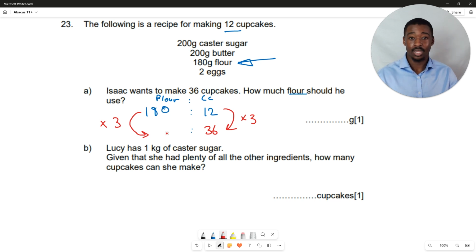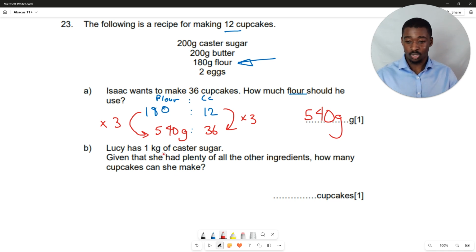Well, 18 times 3 is 10 times 3 and 8 times 3. 10 times 3 is 30, 8 times 3 is 24. 30, 24, 54. So 180 times 3 is going to be 540. So therefore we need 540 grams of flour to cater for 36 cupcakes.